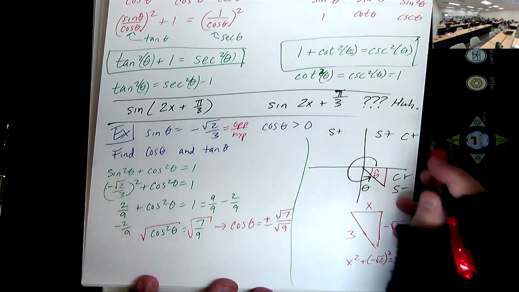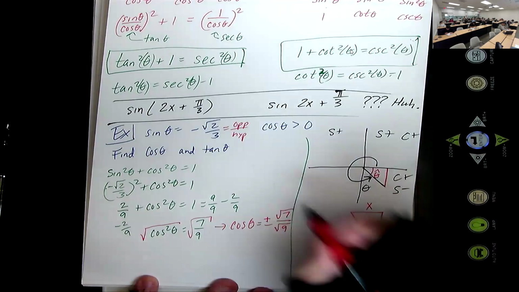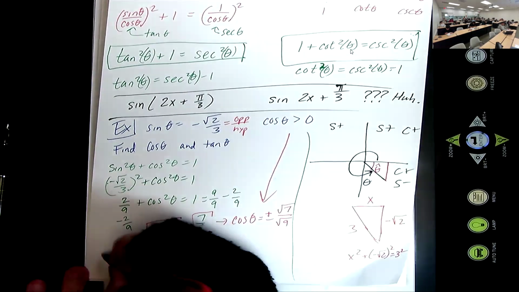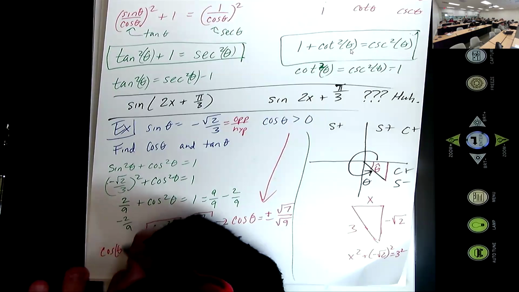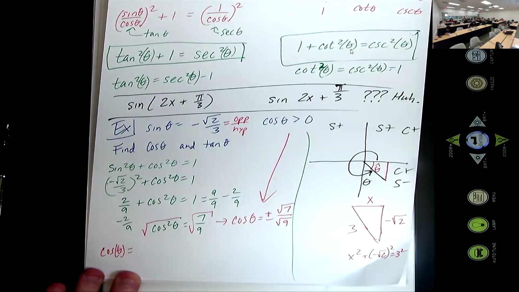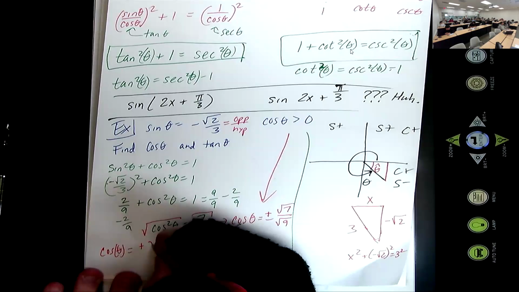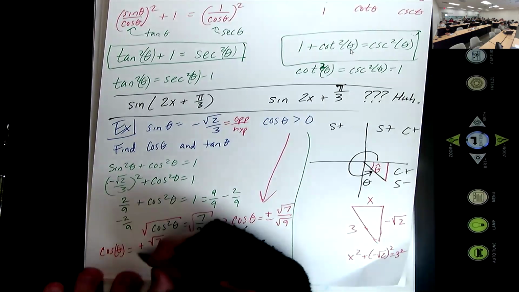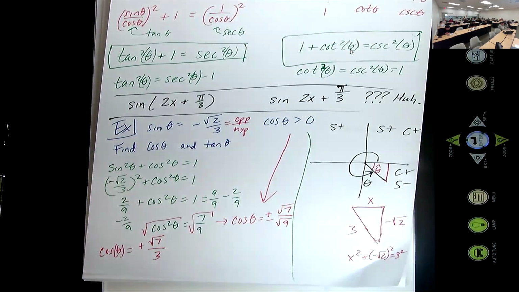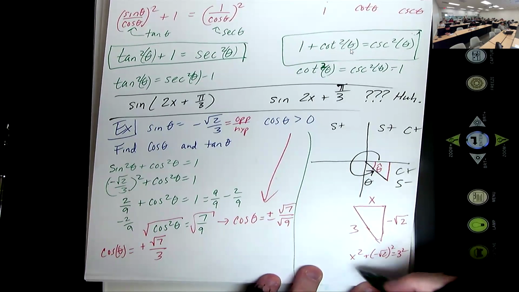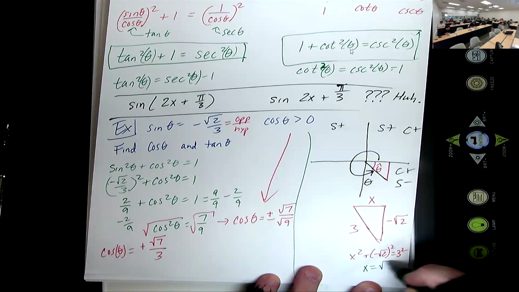We know cosine is positive here, so we're going to say cosine theta is the positive one. The square root of 7 doesn't get any smaller, but square root of 9 is 3. You'll find if you solved the triangle, you would have gotten x equals the square root of 7.